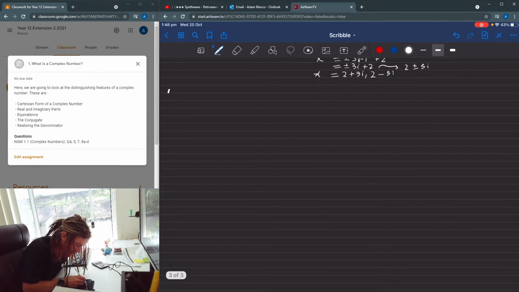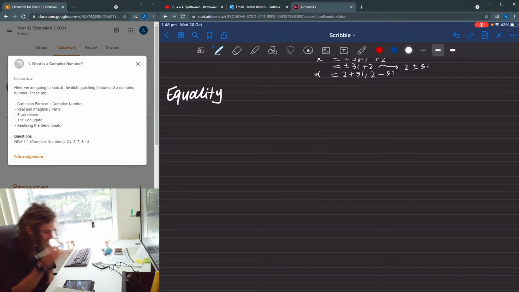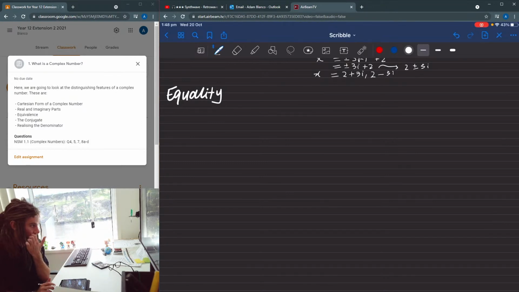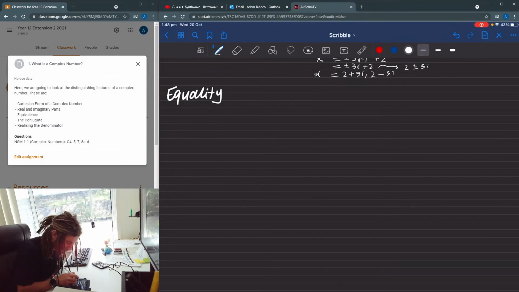Okay, so what we're going to look at now is a couple of properties of our complex numbers, rather than just looking at the properties of the imaginary parts, which is kind of what we did last lesson. So if I have two complex numbers, I'm going to call this Z1, a plus bi, and I have Z2, we'll call this c plus di.